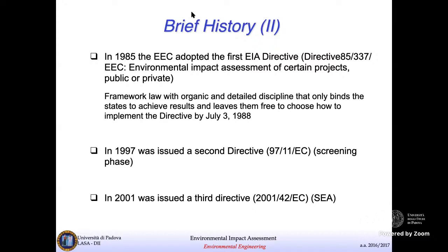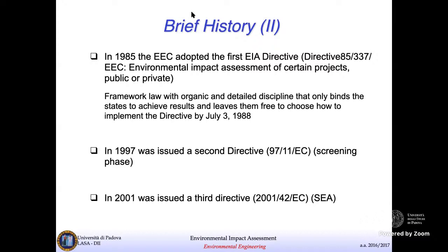So the idea is that in 1985 the European Community proposes a list of projects, and in 1997 they relax the requirements on the projects to be submitted for the environmental impact assessment procedure, giving the member states some freedom to decide which projects shall really undergo an environmental impact assessment procedure. This is the screening phase.